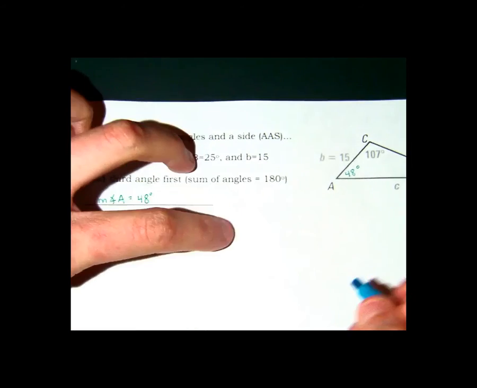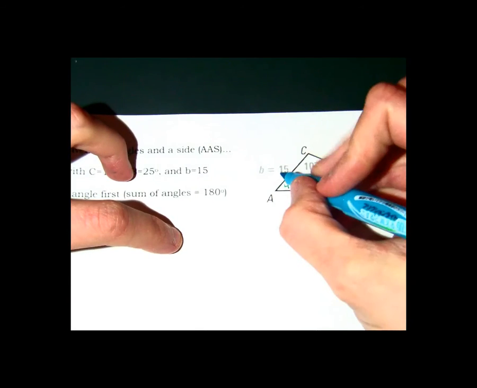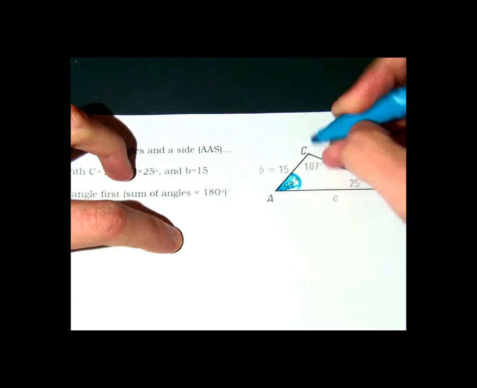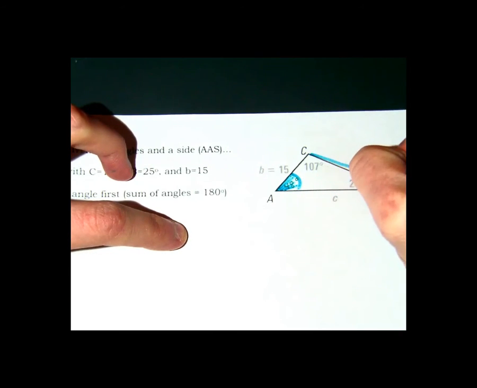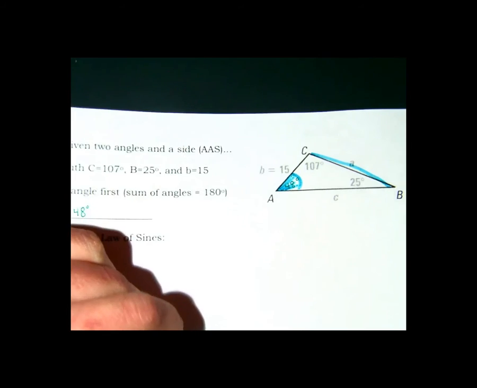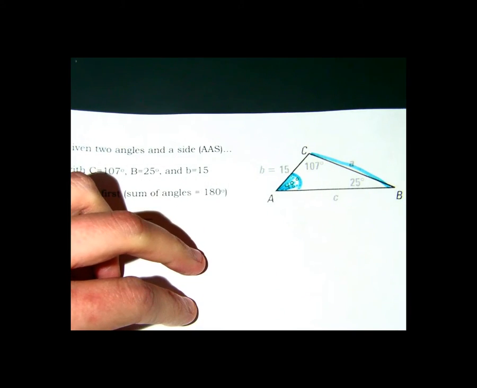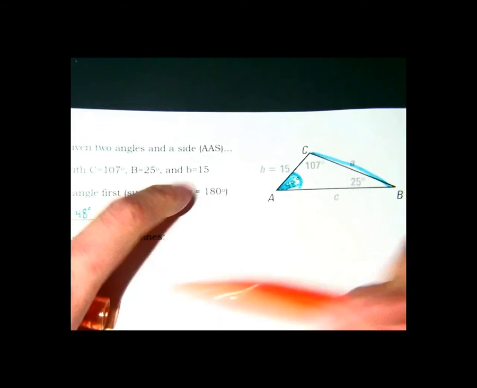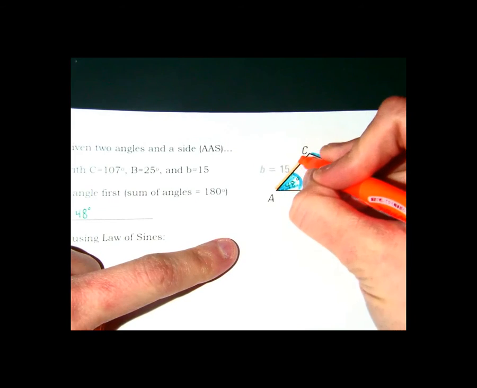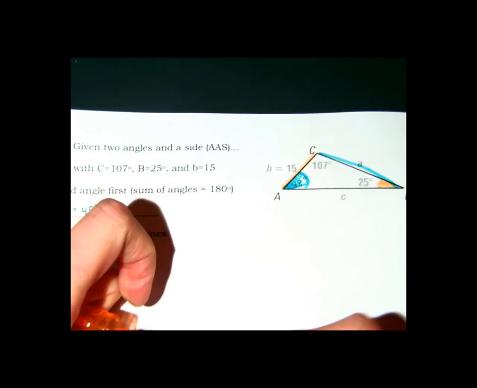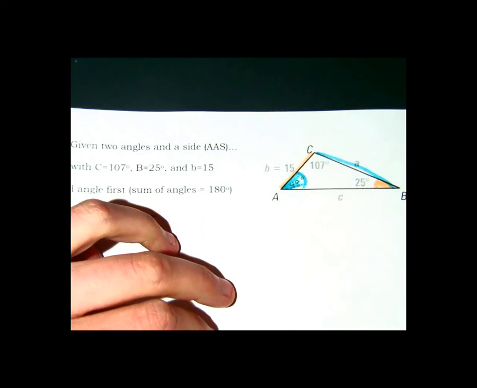That means if I need to find A, I'm going to use this because it is opposite to the side length A. That 48 degrees is opposite to the side length A. What is the only other side length we know? B. And it corresponds with what? Angle B, which is 25. That's what we're going to use to find A then.